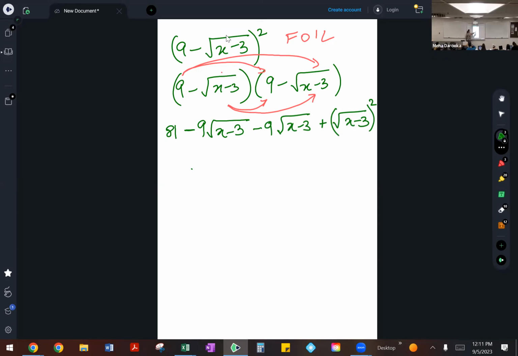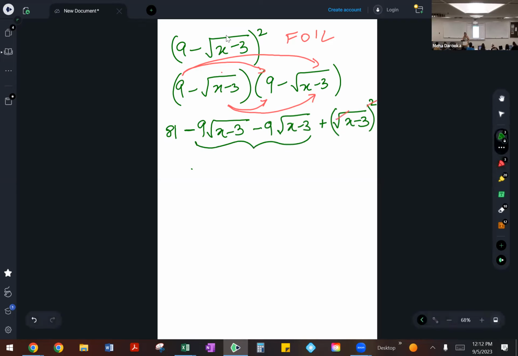My third term will be the same thing, because obviously those terms are the same. And then the last one is where you're multiplying negative times negative square root of x minus 3 times square root of x minus 3. And here, the square root will cancel out the square, only in the last term though, not in the middle.